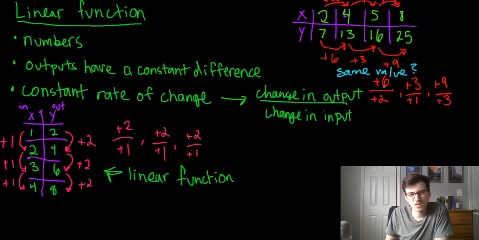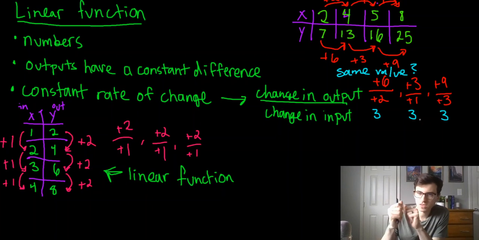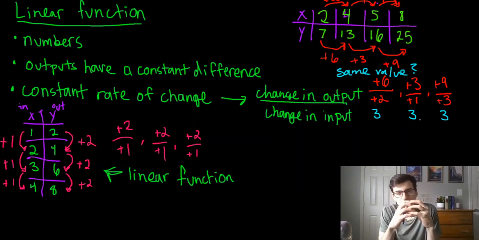Well, what's 6 divided by 2? That's 3. What's 3 divided by 1? 3. What's 9 divided by 3? 3. So each time I do have a constant rate of change. I'm increasing by different amounts each time, but my rate of change is still 3 over 1.